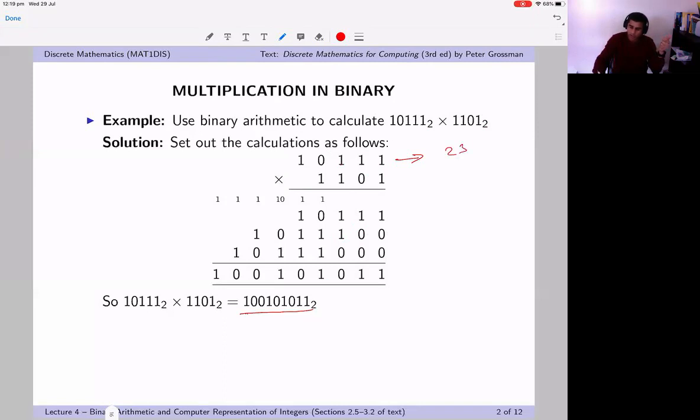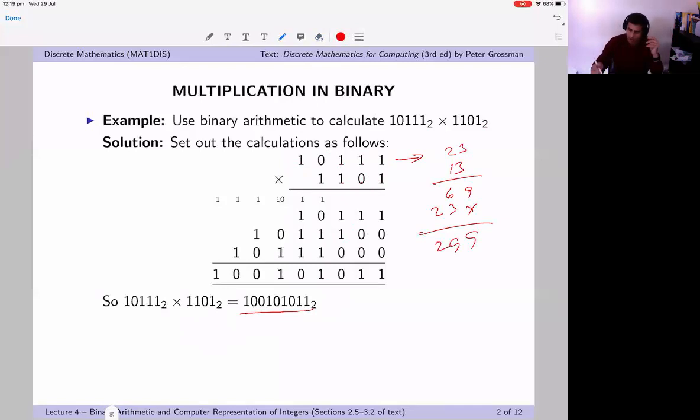That number is 1 plus 0 plus 4 is 5, plus 8 is 13, yeah? Now 13 times 23, long multiplication you can do, would be 299.